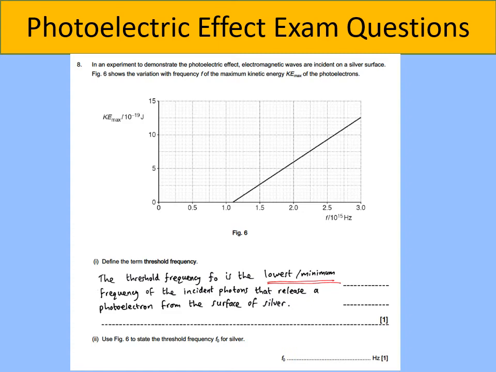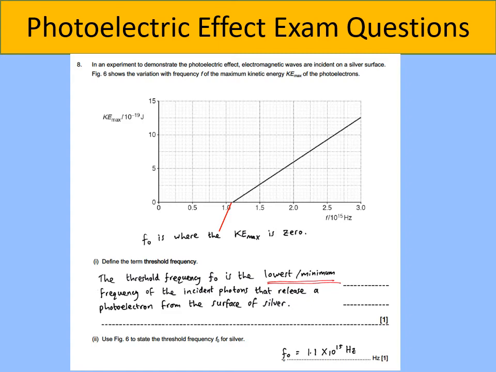Part 2, use figure 6 to state the threshold frequency f0 for silver. So we need to look at the graph very carefully, and f0 is where the KE max is 0. So it's where the line crosses the x-axis. I've highlighted that there, and that should tell us that our threshold frequency f0 is 1.1 times 10 to the power 15 hertz.